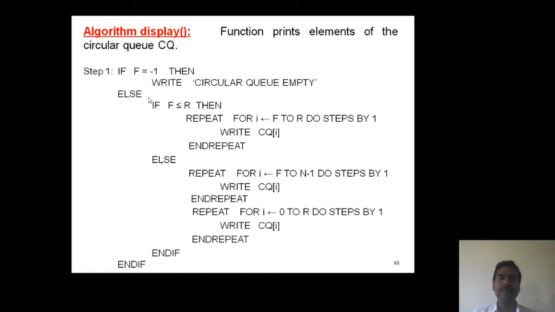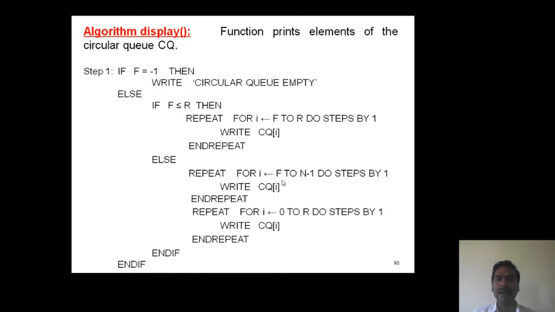Else, if elements are available, there are two possibilities. If F is less than or equal to R, and this condition is true, then elements are available from F to R. Hence we print the elements as: repeat for I equals F to R, do steps by 1, write CQ of I, and repeat. Else, if this condition is false, in such cases we print the elements in two stages.